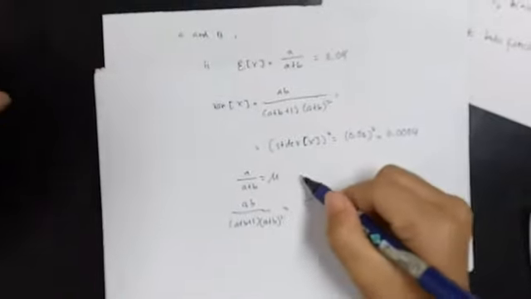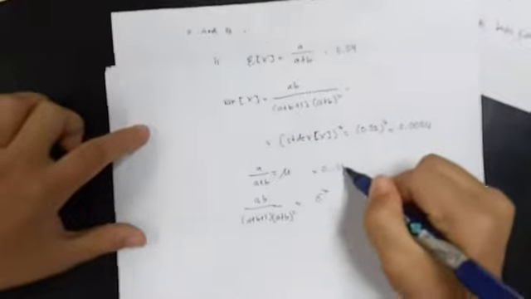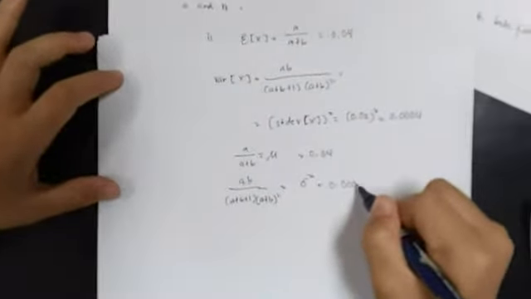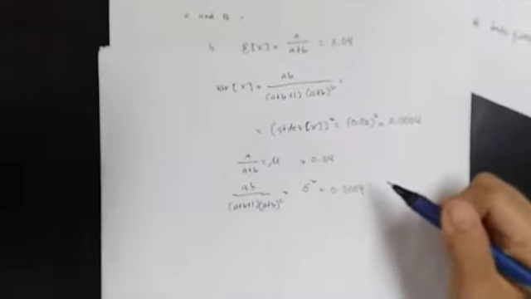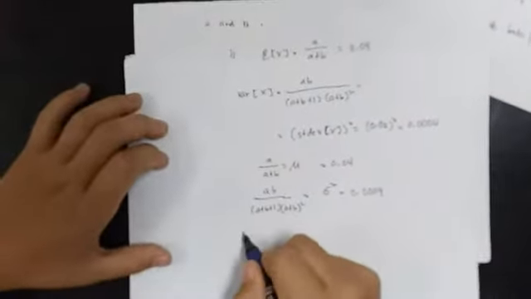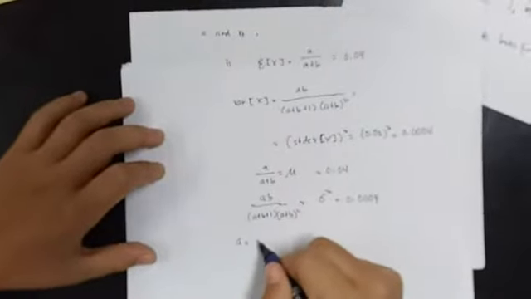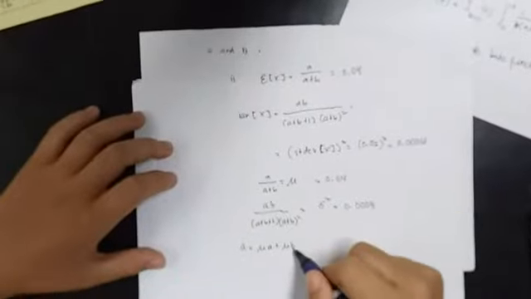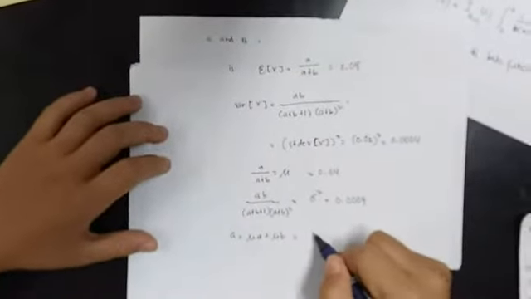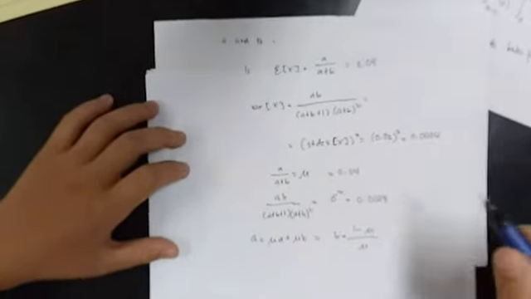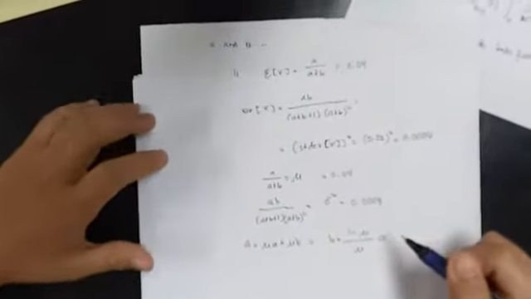Now mu will be equal to 0.04, and sigma squared will be equal to 0.004. The first equation gives us A equals mu A plus mu B, or simply B equals (1 minus mu) over mu times A.